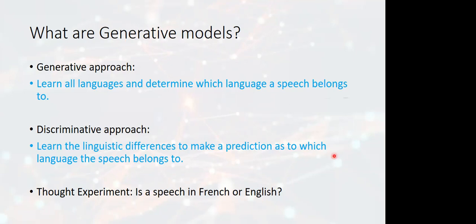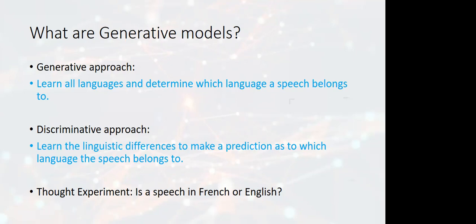If you think about it, learning all the languages corresponding to the speech and trying to distinguish between them is a really tough job. As an example, if you want to check if a speech is in French or in English, it is extremely hard to learn both French and English perfectly and then make a guess, compared to simply learning the differences between what French and English sound like.